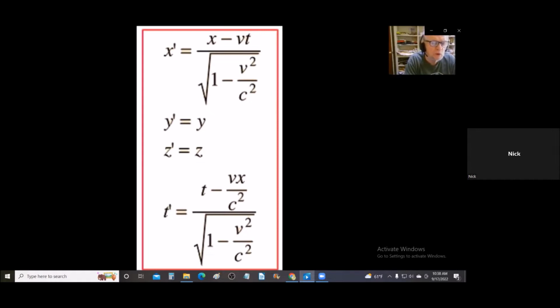So in special relativity, if the observer is in frame A, and he's trying to transfer to B, an inertial frame moving with respect to him, then he'd use this equation. Similarly, if the observer is in frame B and he thinks that frame A is moving, he uses this equation as well.